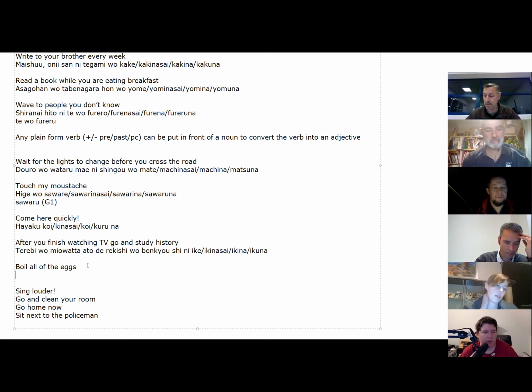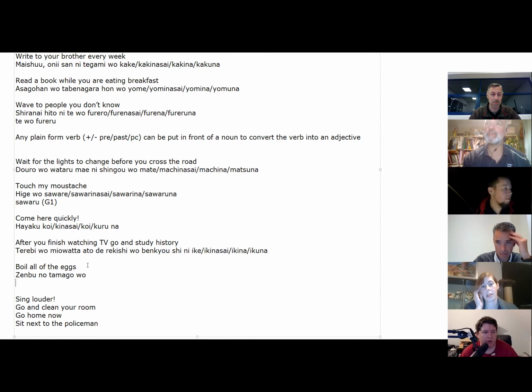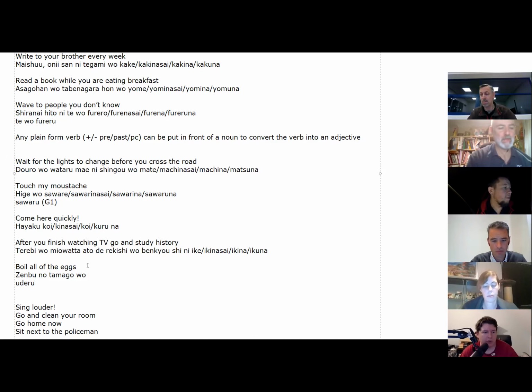Zenbu no tamago o yudero. What's the verb here, by the way? Because I know another verb, but I thought uderu. Let's have a look at this, because I think there's a difference between the ones that we used last week, which was wakasu and uderu.